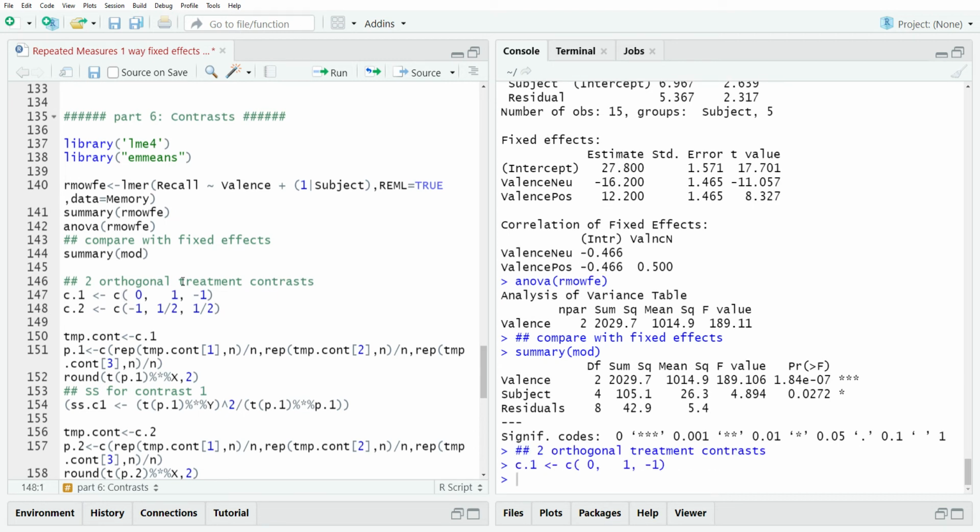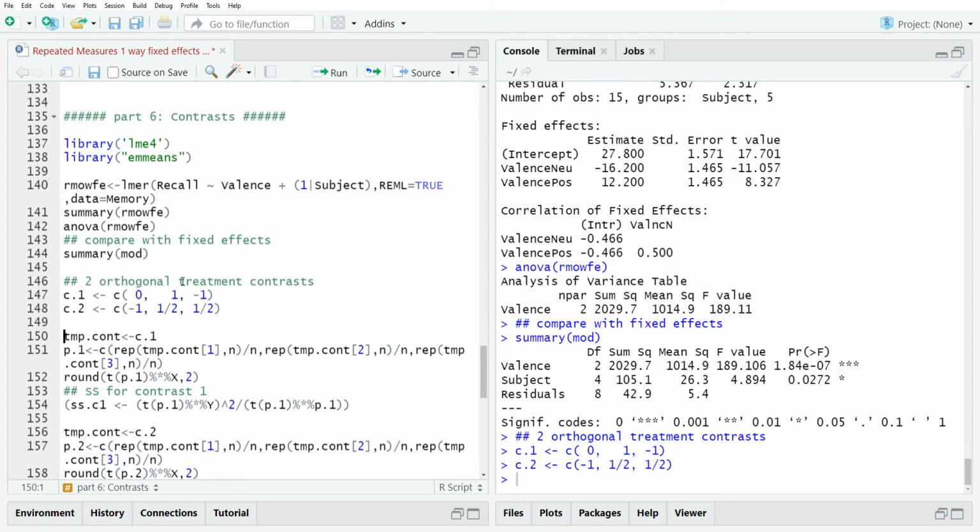Technically a contrast is the lambda parameter, which is a vector that multiplies the whole beta vector, which has the mu, the taus, and the betas. So this is a little shortcut to that. And then I randomly create a second contrast that's orthogonal.